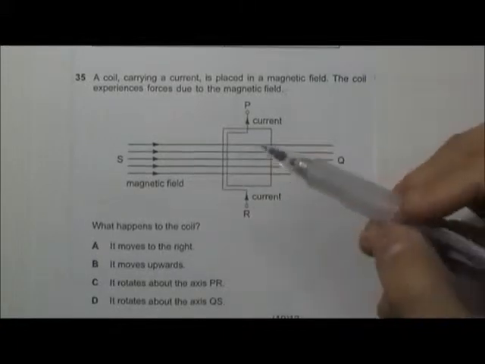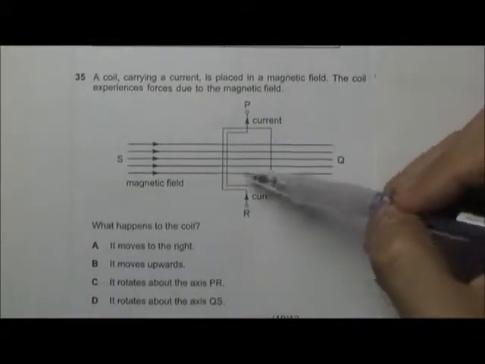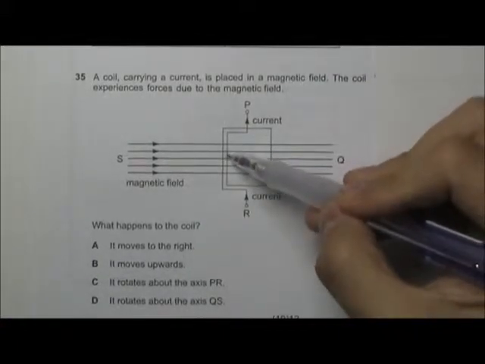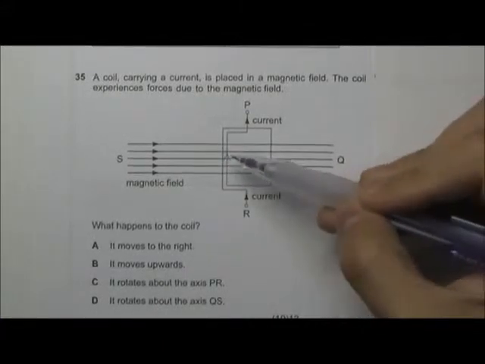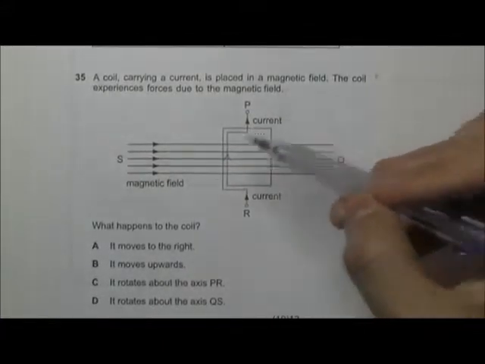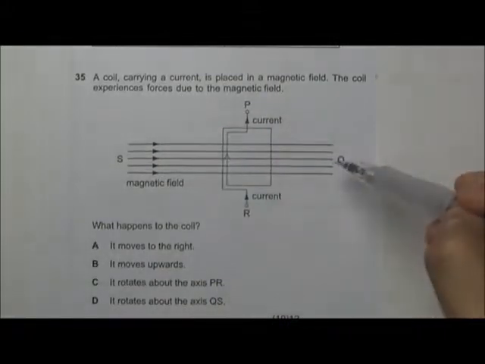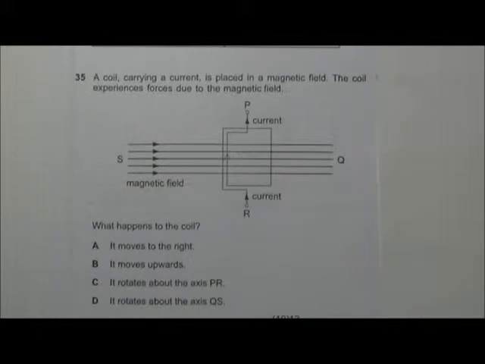Okay, we have a current that is flowing upwards from R to P. So let us indicate it with an arrow here. And the magnetic field is moving to the right from S to Q. So the wire is going to experience a force, and the direction of the force can be found through Fleming's left hand rule.